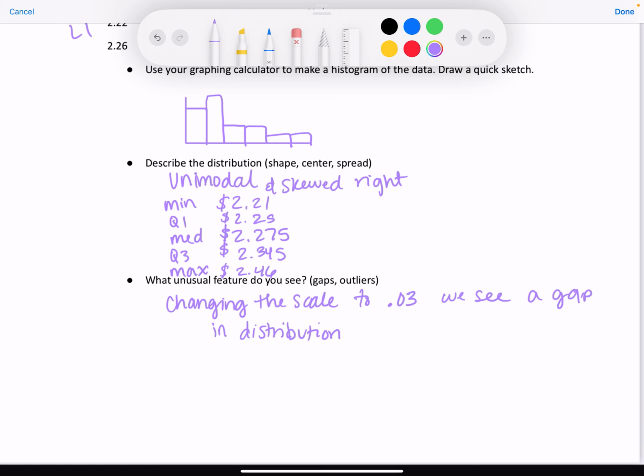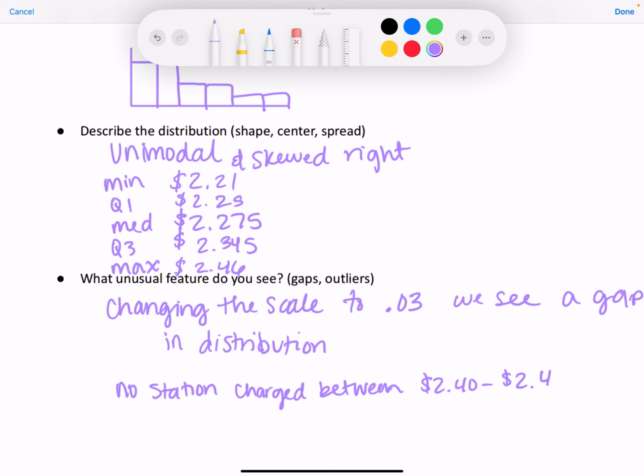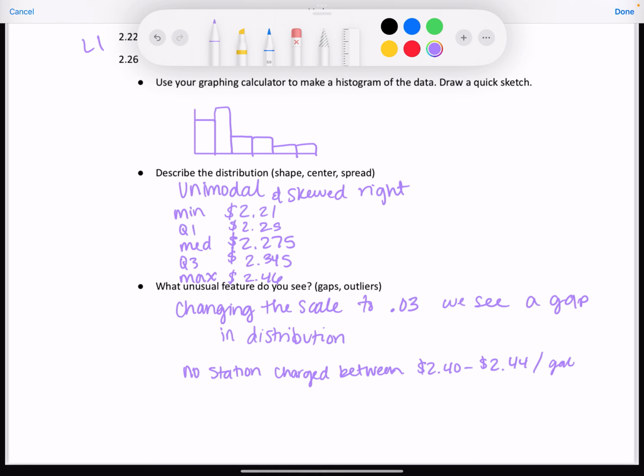So if you looked back, or used the trace function, we would see that no station charged between $2.40 and $2.44 per gallon. How'd you get that?